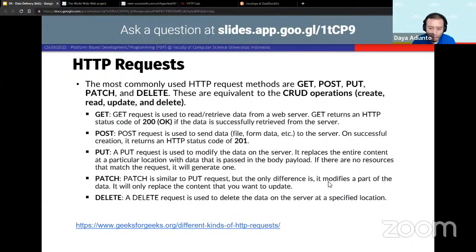So that's the convention agreed by many developers. Get is used to retrieve data, post is used to send data. There are other methods like put, patch, and delete, and this will be relevant if you are developing what is called a web service or web API later on. But if you are only developing a web application, then usually get and post will be sufficient for your purposes.